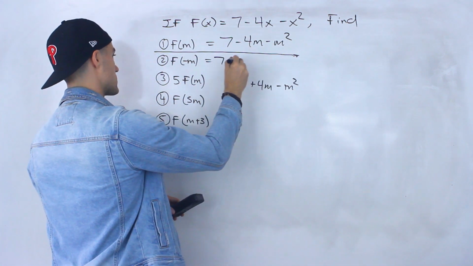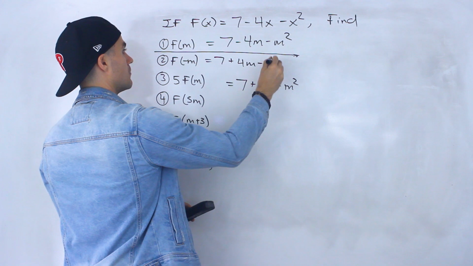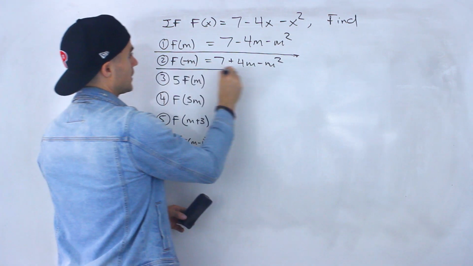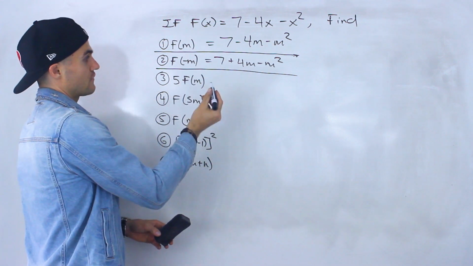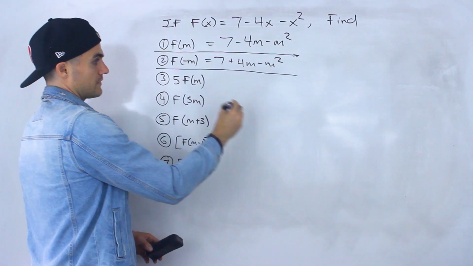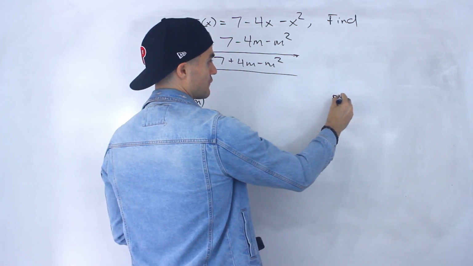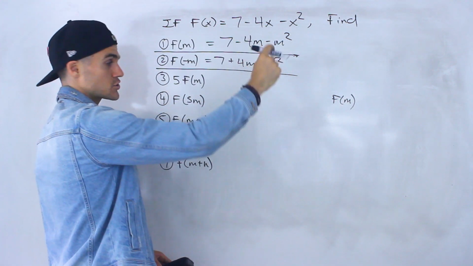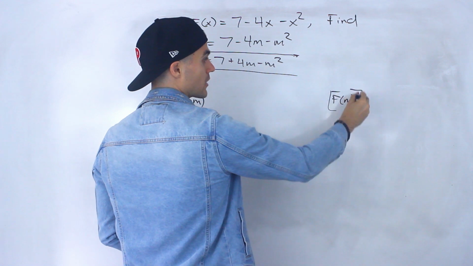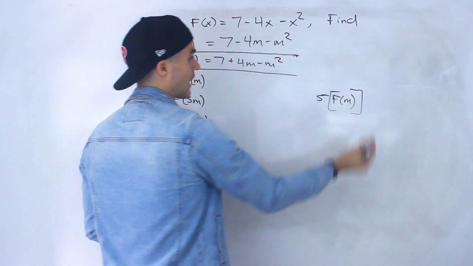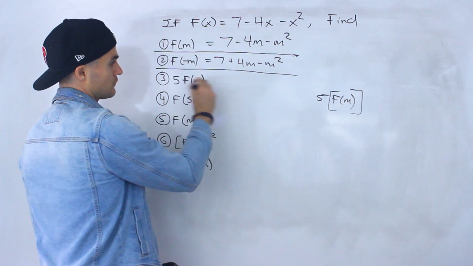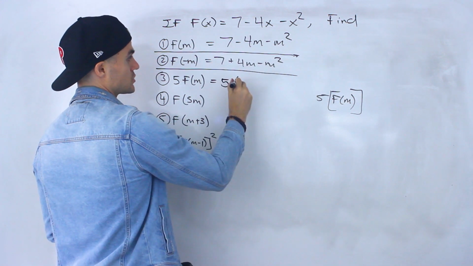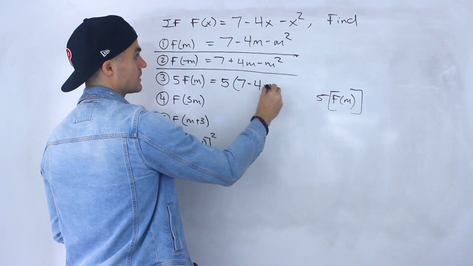So we got 7 plus 4m minus m squared. And then number 3, we have 5 f of m. What this basically means is we're taking f of m, which we already have up here, that whole expression, and just multiplying it by 5. So we take 5 and multiply it by this entire expression, putting that entire expression in brackets.